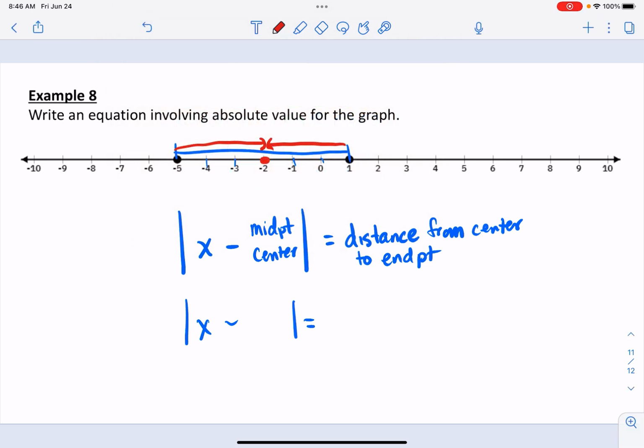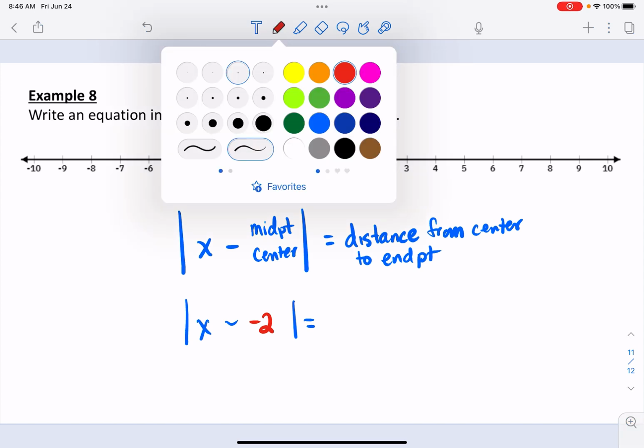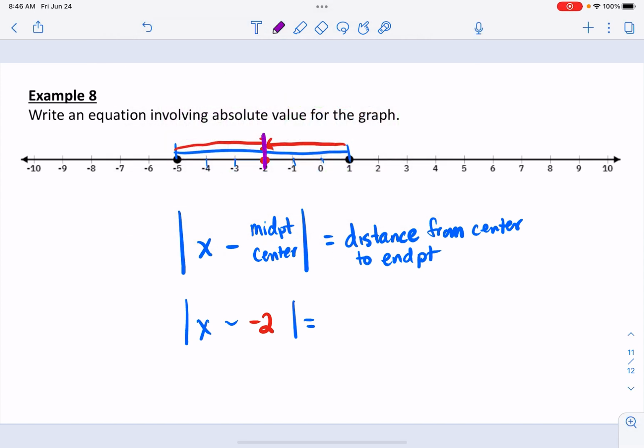My center is -2. The distance from the center to either endpoint is 3 units. Rewriting that to make it look a little nicer mathematically, it's the absolute value of x plus 2 equals 3.